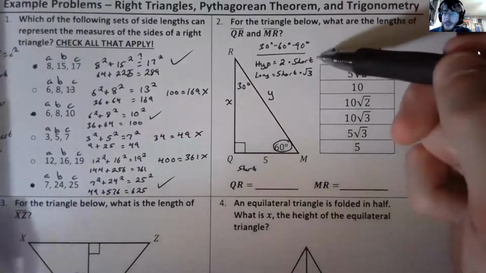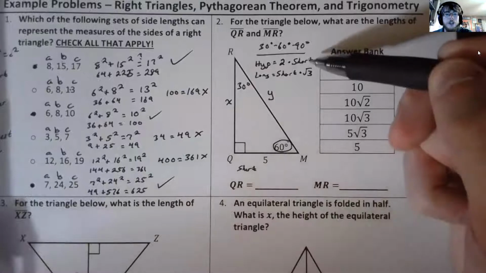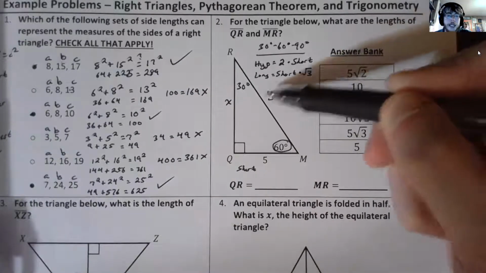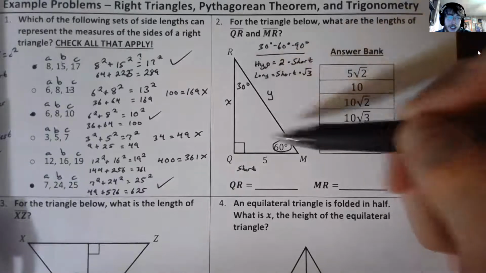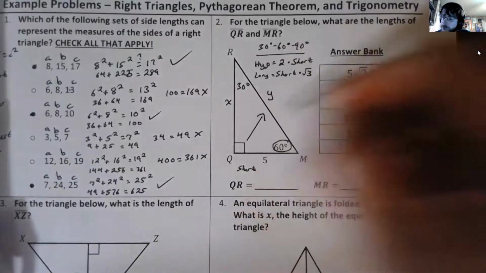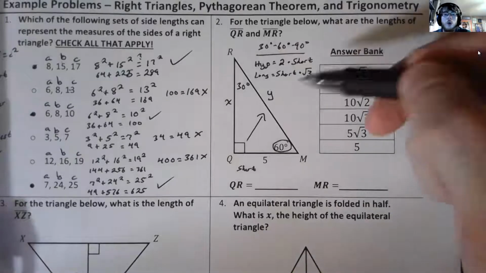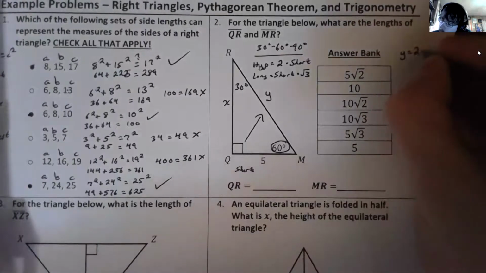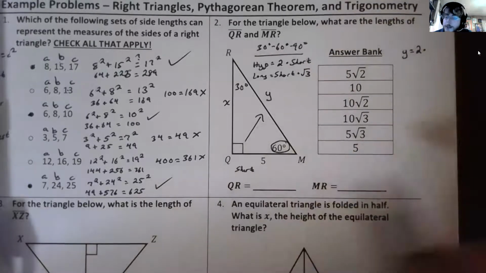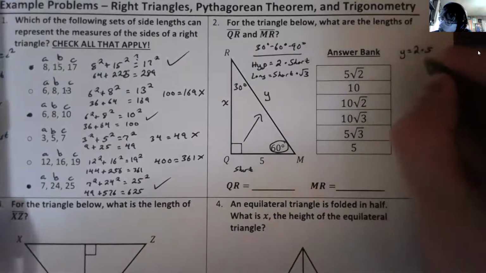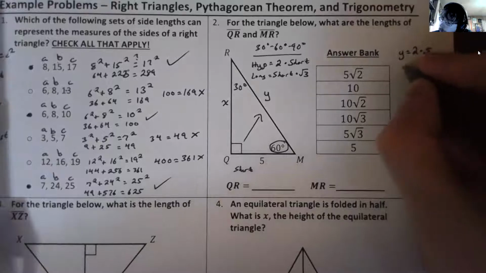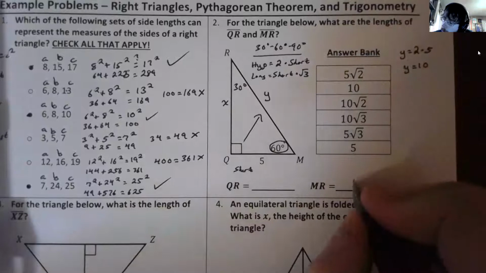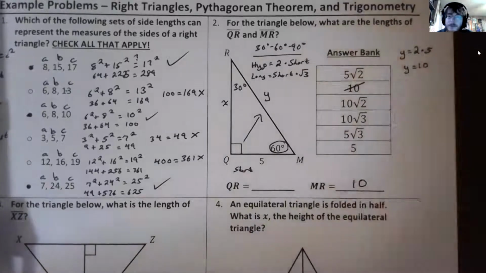So let's look at our hypotenuse first. Remember, your hypotenuse is opposite of the right angle. So in this case, y is your hypotenuse because it lies on the side opposite the right angle. So we say that y is equal to 2 times the short leg, and our short leg is 5. So y equals 2 times 5, which means y equals 10. And y is on MR, so MR is 10.